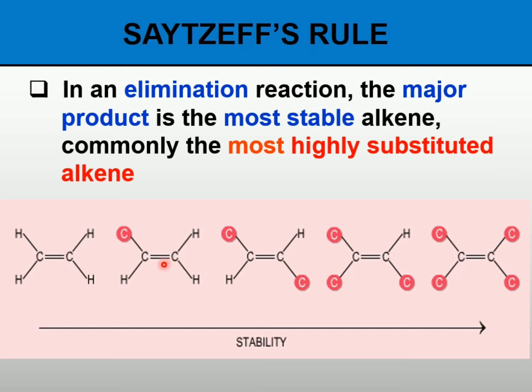Then the next structure has one carbon, and the next one has two carbons, and in the next one, the carbon-carbon double bond is directly connected to 1, 2, 3 carbons, and then this one has four carbons. So this one is considered a highly substituted alkene. As the substitution increases, the alkene will be more stable.